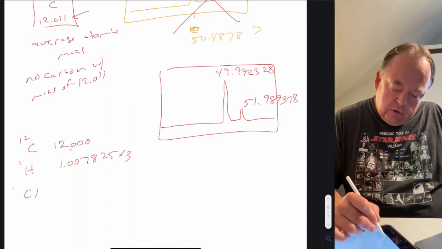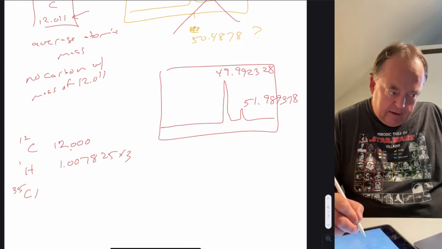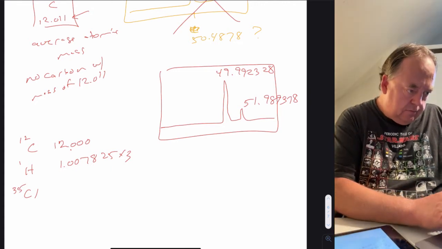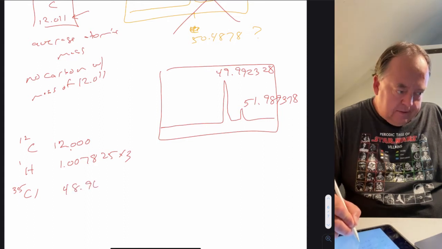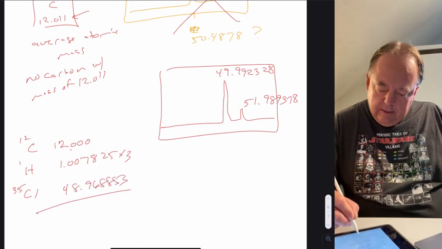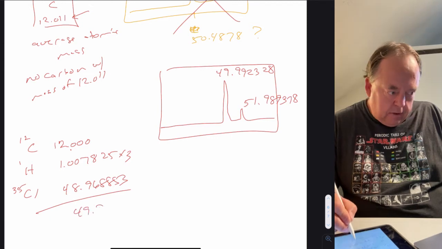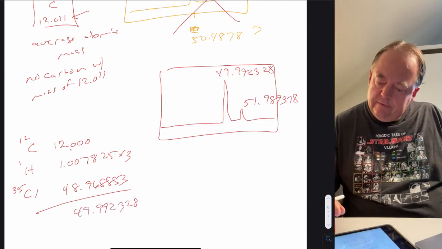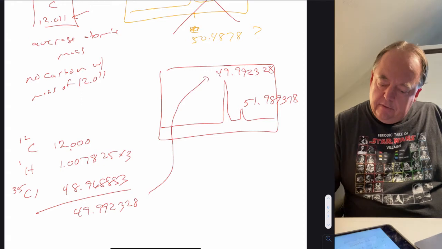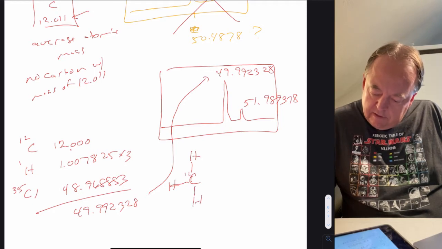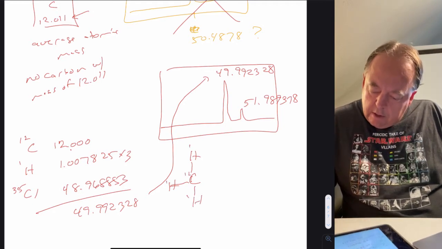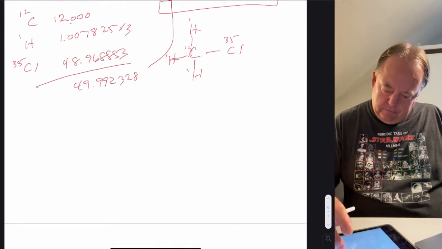And chlorine comes as 2 isotopes in nature, chlorine 35, which has a mass of 34.968853. So if you add that up, you get 49.992328. So that peak would be for the CH3Cl molecule that has a carbon 12, 3 hydrogen 1 isotopes, and a chlorine 35 isotope in it.